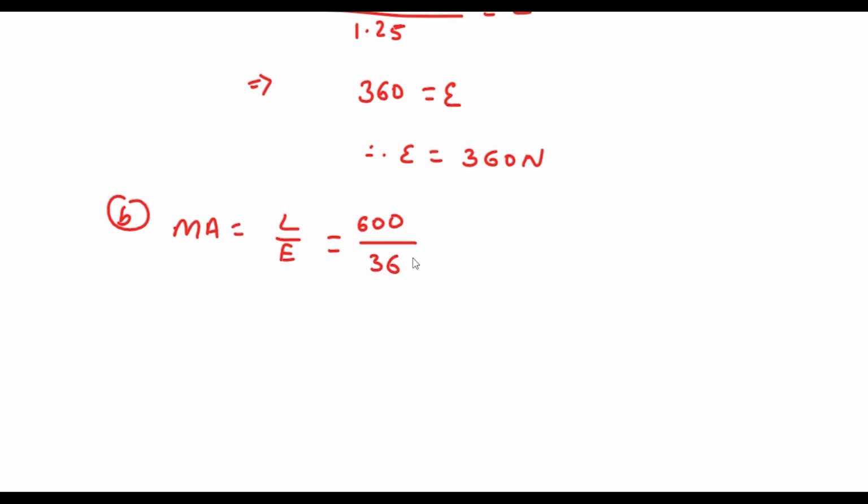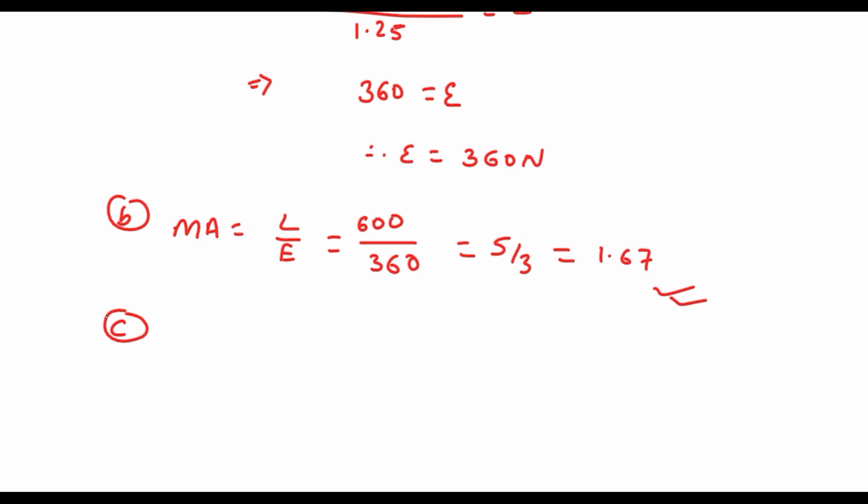Effort is 360. When we divide 600 by 360, it becomes 5 by 3, or we can also write 1.67. This is the required answer.